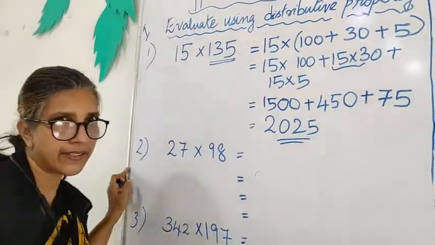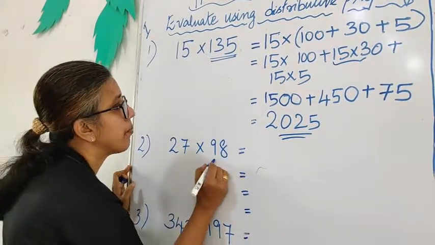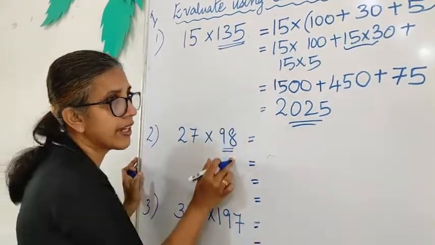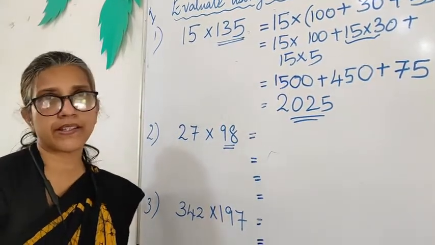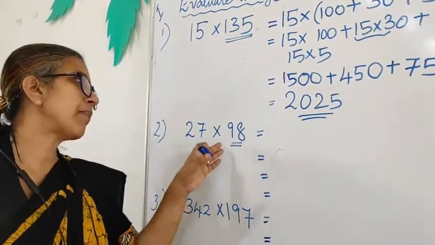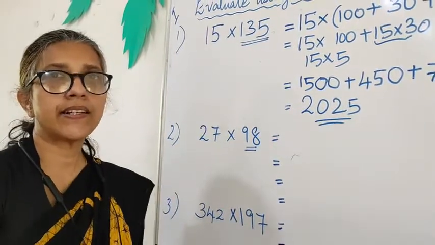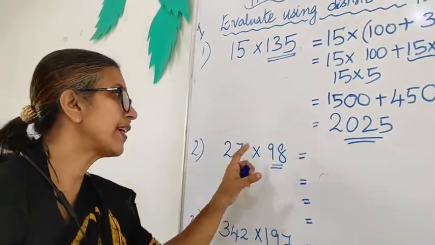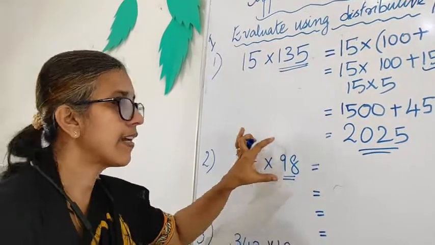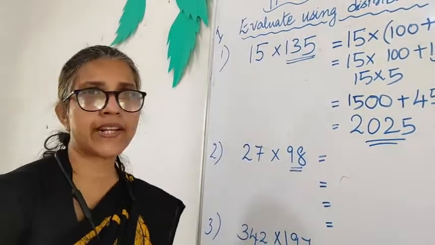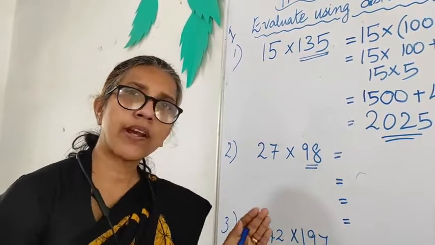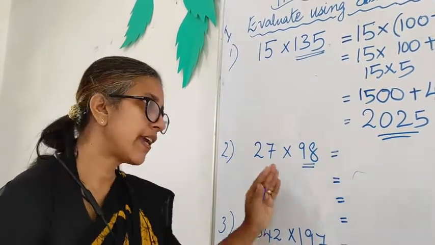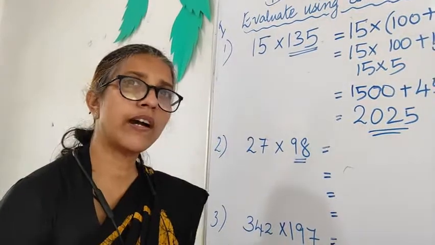In the second case, you can see the number is 98. Instead of 135, it is 98. So when I expand, it will become 90 plus 8. Then multiplying with 90 plus 8 is a little bit difficult. So if I can see a number which is more near to 98. 98 is between 0 and 100, and 98 is more close to 100.